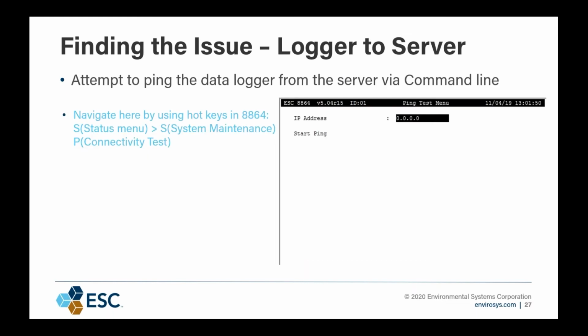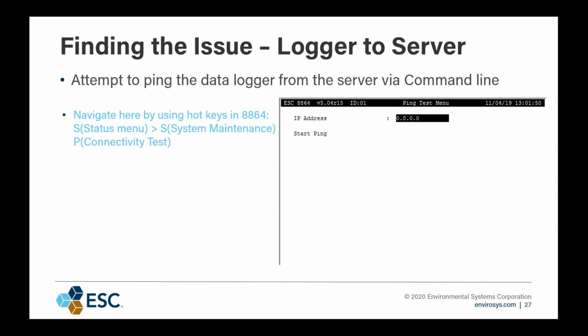And just like we can ping the logger from the server, you can ping your server from the logger. As well as ping your server, you can ping your analyzers or other pieces of hardware that are on your network.